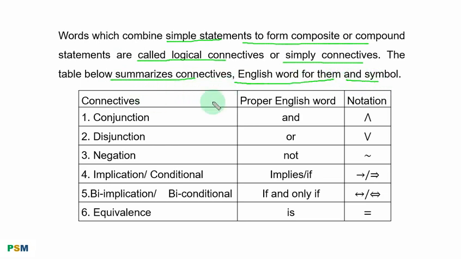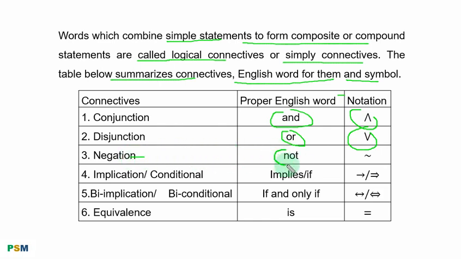You have connectives, the proper English word, then the notation. The first one is conjunction. And is the English word, and you have this notation. 2, disjunction. Or is the English word. 3, you have negation.